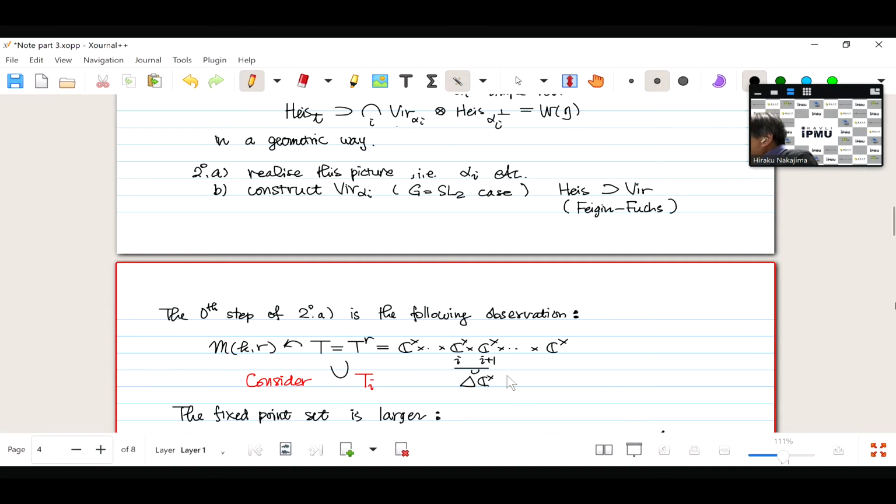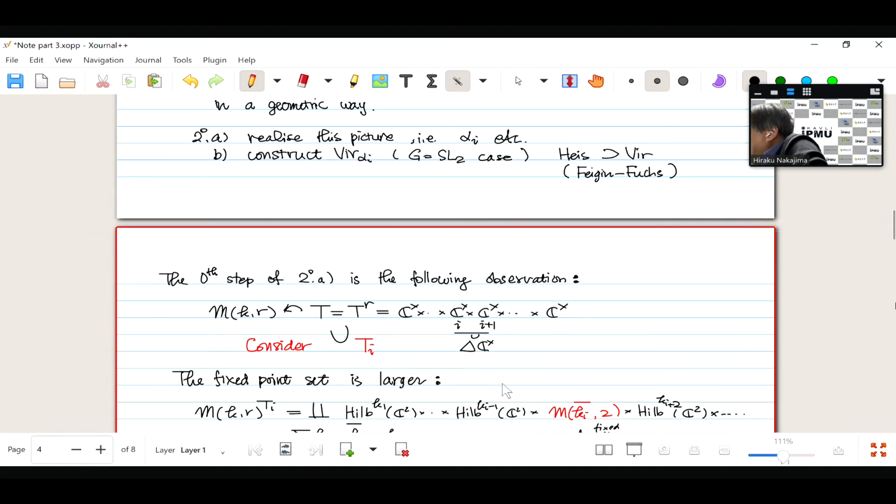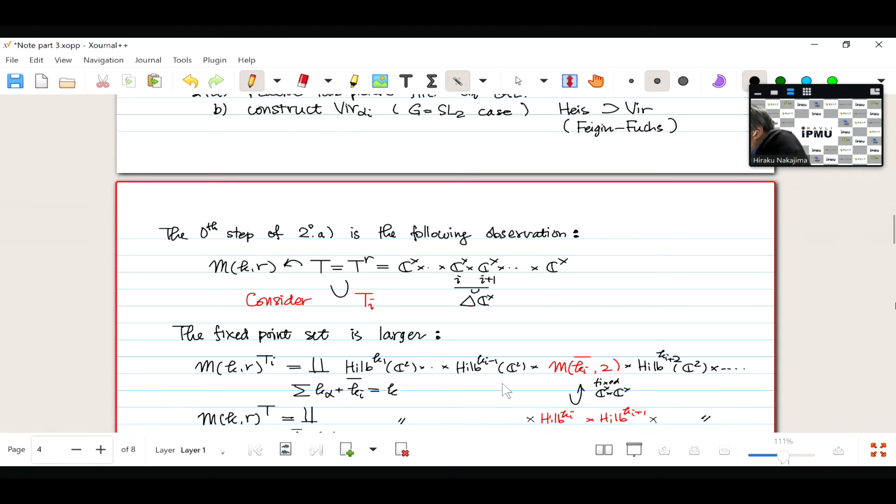And if I consider the fixed point set with respect to the smaller torus, then the fixed point set becomes larger. And in fact, it's not so difficult to understand. Of course, I don't explain the details of the space, but if you use MKR as a moduli space, this statement becomes manifest.